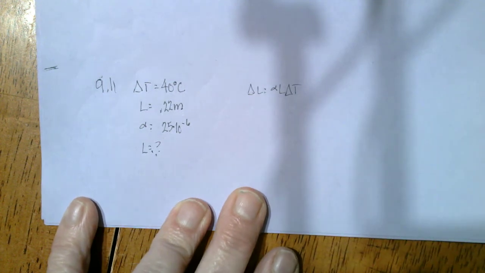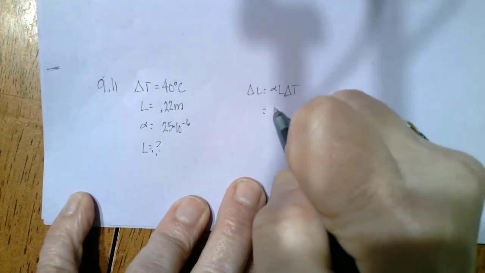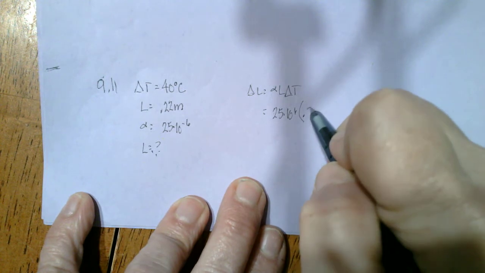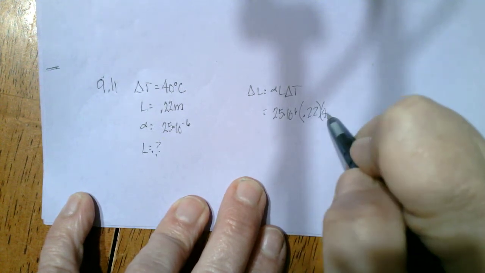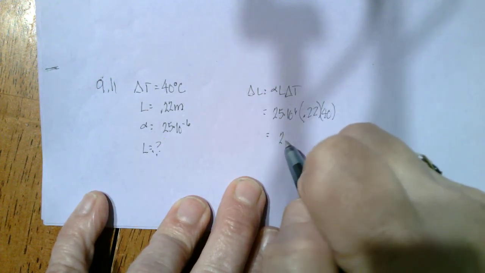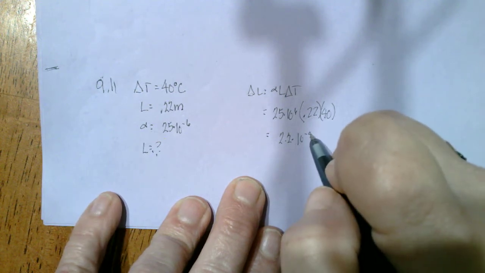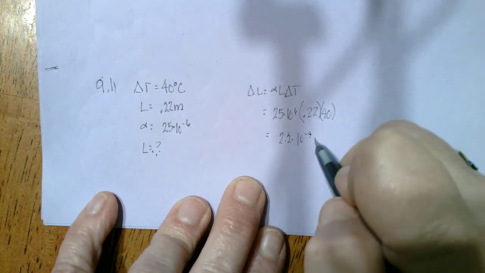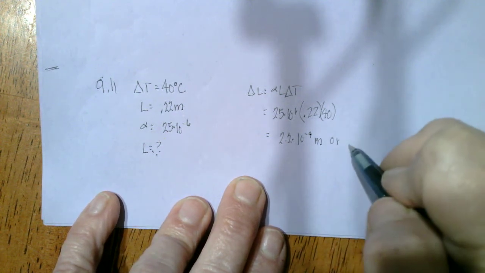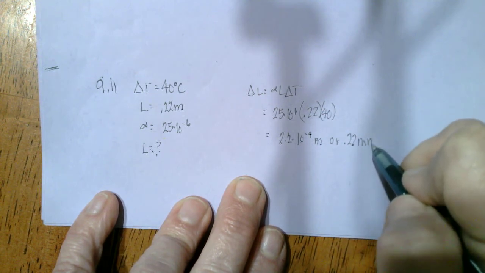My formula is delta L is equal to alpha L delta T. Delta L is what I'm looking for, so it's 25 times 10 to the negative 6 times 0.22 times 40, which is equal to 2.2 times 10 to the negative 4th meters, or 0.22 millimeters.